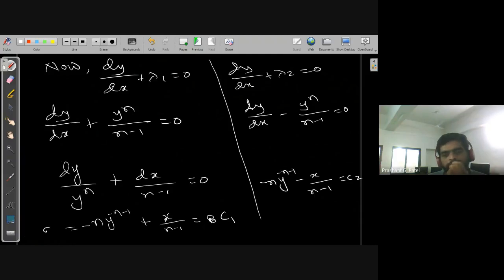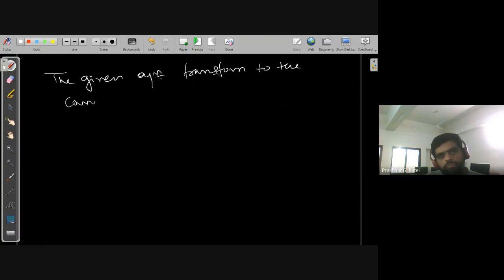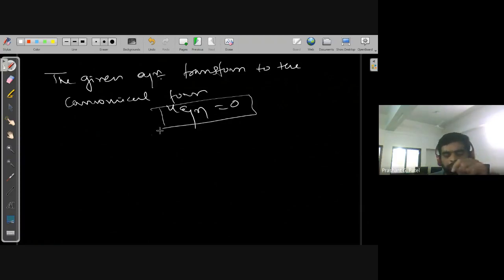Now you call this ξ and this η, and you convert the entire equation into the canonical form by doing all the calculation which we did for the above 3 examples. The given equation transformed to the canonical form is u_ξη = 0.